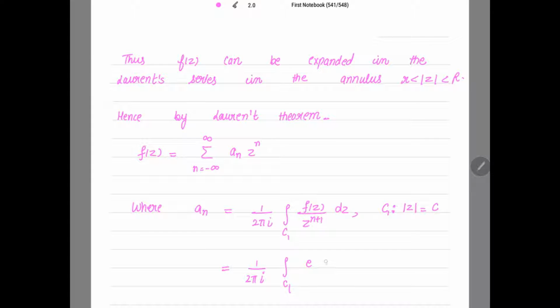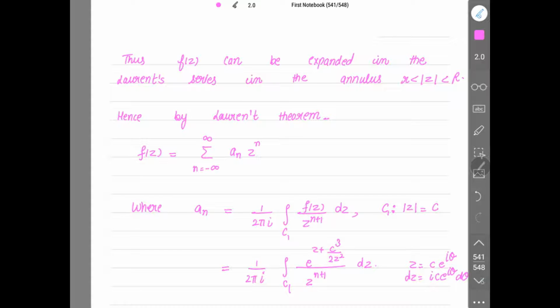We're just writing the value of the function, that is e raised to the power z plus c cube over 2z square, over z to the power n plus 1 dz. In the next step, we are going to put the value for z. z is equal to c e to the power iota theta, and dz will be iota c e to the power iota theta d theta. Very good.